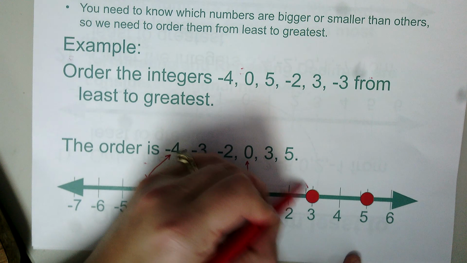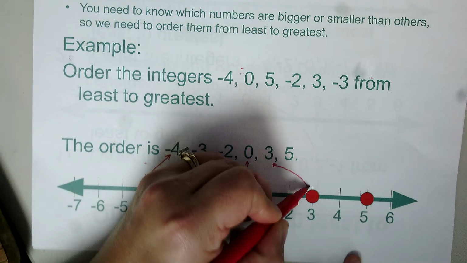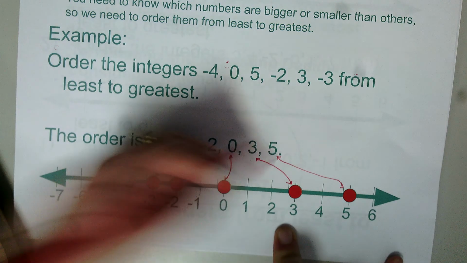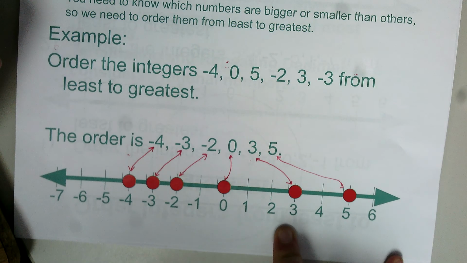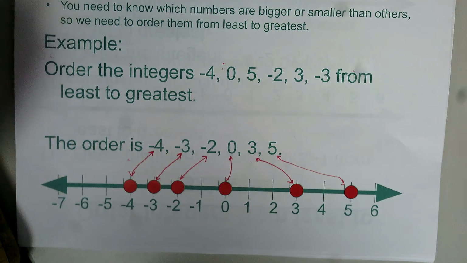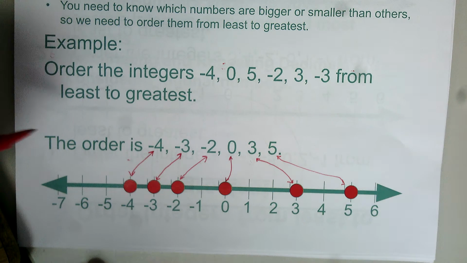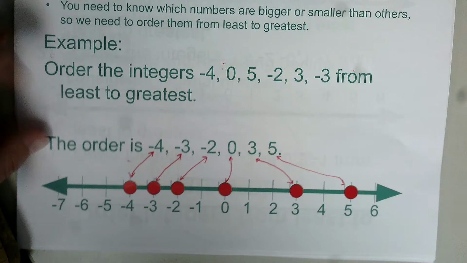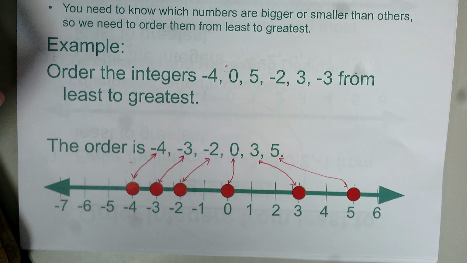Then +3. And the greatest of these is +5. So this would be your answer if you were ordering from least to greatest. So you always start, the number to the left is always one smaller than its right-hand partner.